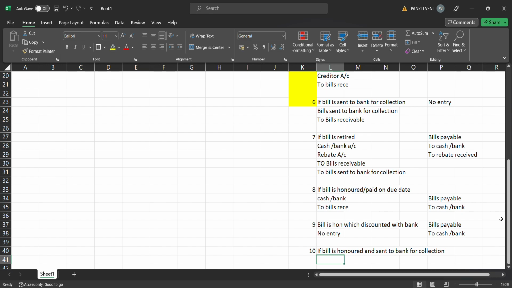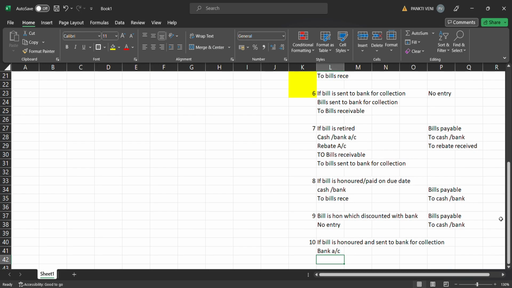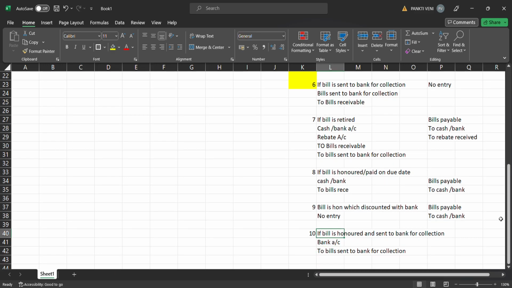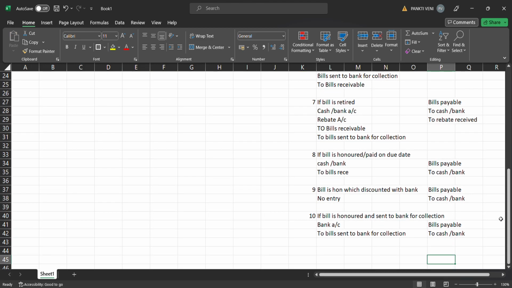So here it will be bank account debit to bills sent to bank for collection. Again, for the drawee, bills payable to cash or bank, the same entry. He will not come to know what the drawer has done.